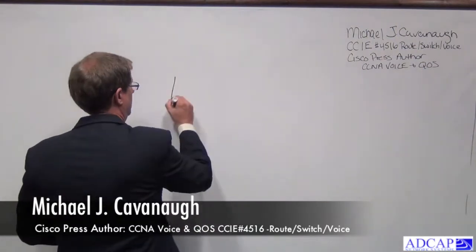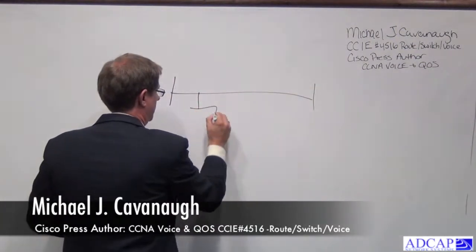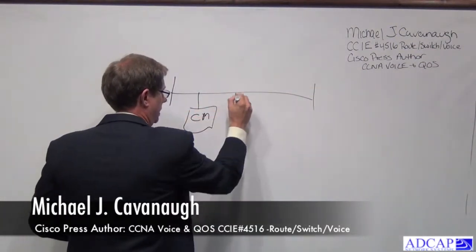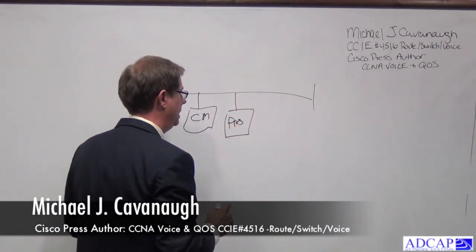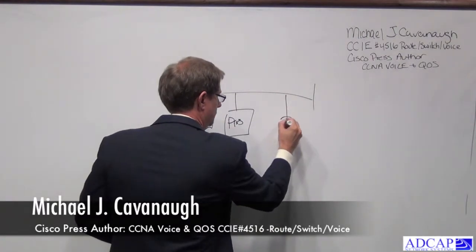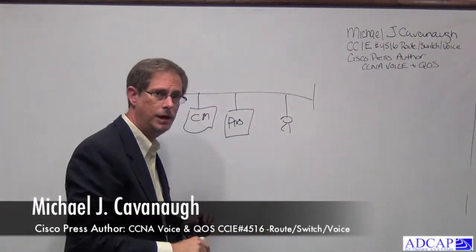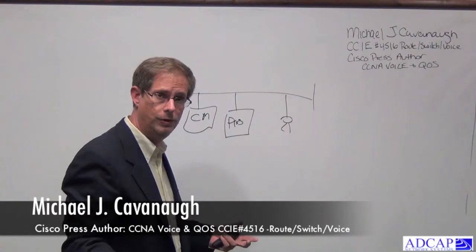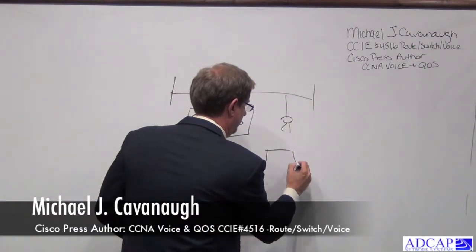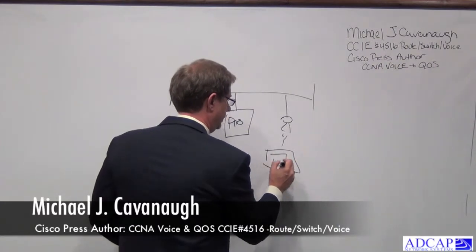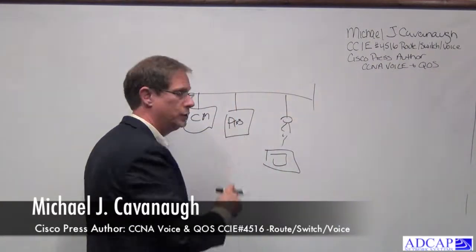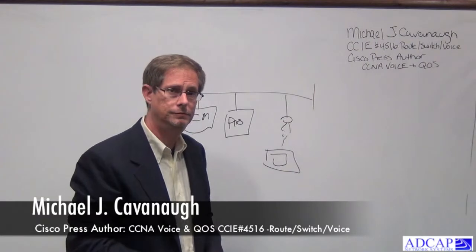Okay, so how does all this work? Let's draw this out. So let's assume I've got my LAN, I've got a call manager server, I've got a presence server. Okay, if I have got a wireless access point and I come into my building and I take my iPad, for example, and I connect my iPad wirelessly to this wireless access point and I run Jabber on it, it can come in and register to my call manager and to my presence server.